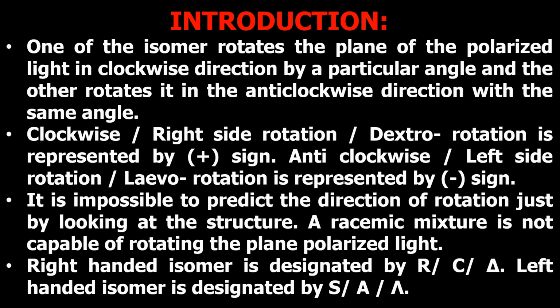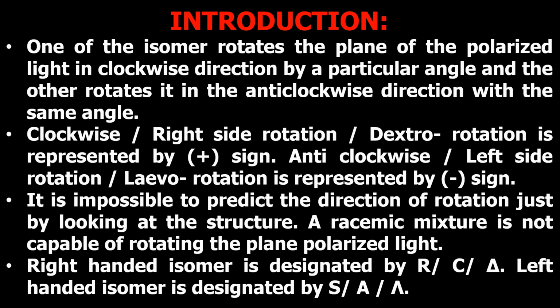Now, there is a lot of ambiguity, or rather there are many different ways of showing the configurations of the optical isomers. But let us see it in 2 different ways. One is with respect to the optical activity.